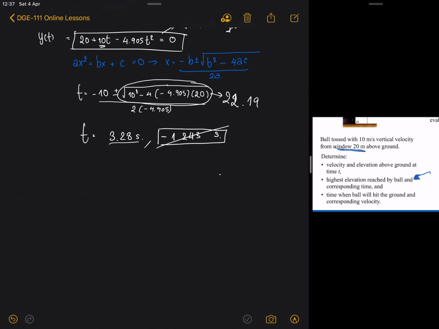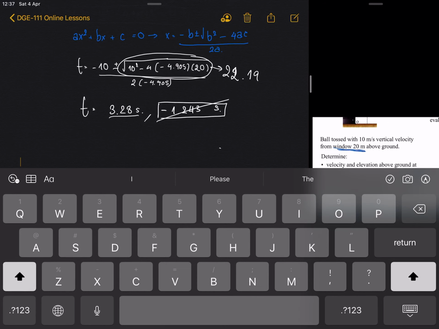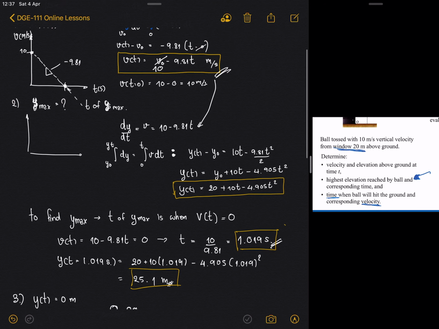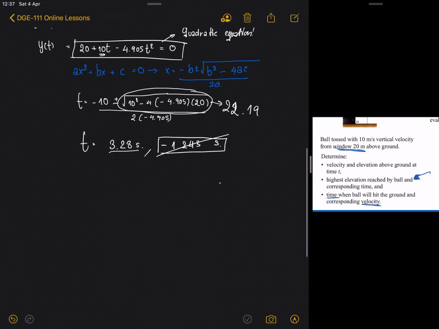Alright, and they also asked for the velocity when the ball hits the ground. We know the time already. We just plug this time into the velocity equation, which is 10 minus 9.81t, with t equal to 3.28 seconds.